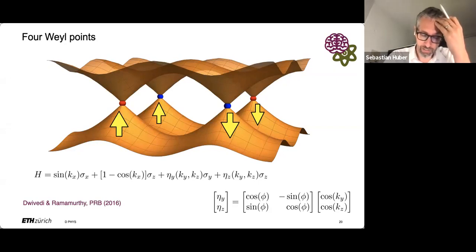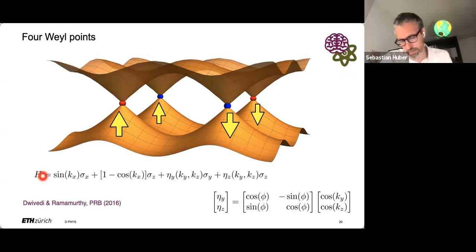This is now a sketch of the model that you see below. It's a slightly different model that is easier to handle, but in a sense it's the same: you have 4 Weyl points, and 2 of them are red, 2 of them are blue, as it should be. And let's assume we apply an axial magnetic field where this red one has a chiral channel that goes up through the sample, and this blue one has one that's going down through the sample.